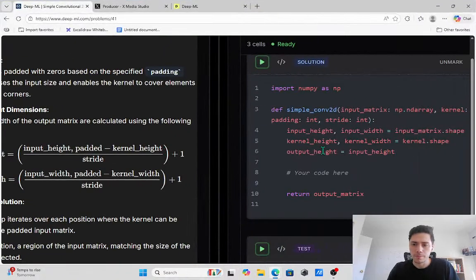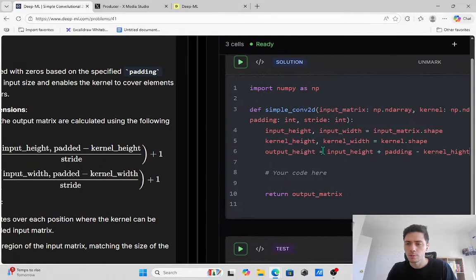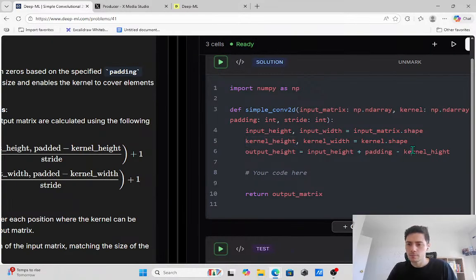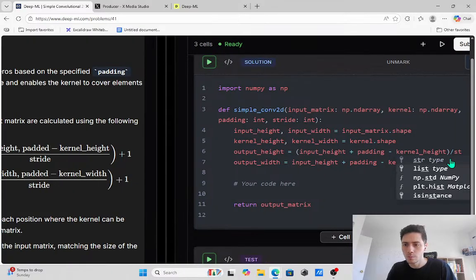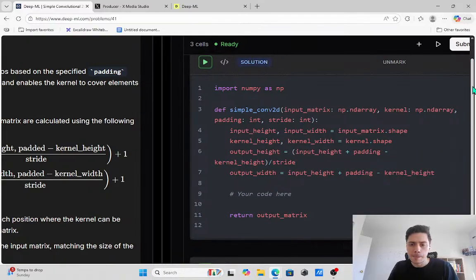So we have input height plus, just go padding, minus kernel height, divided by stride, and then all of this plus 1.